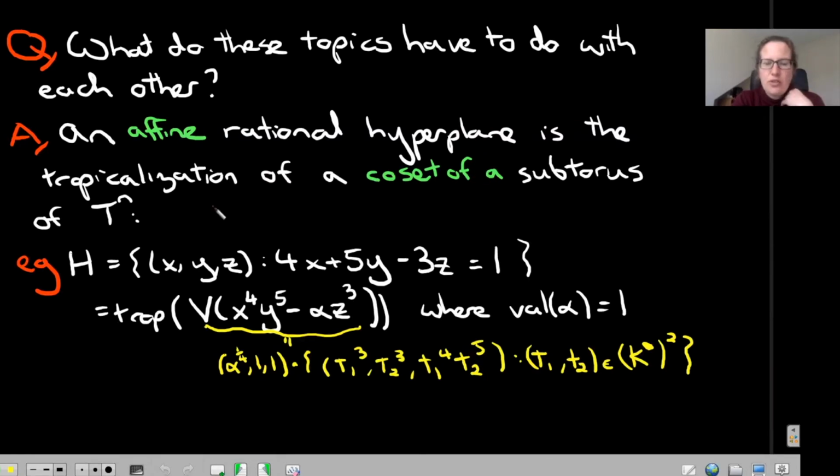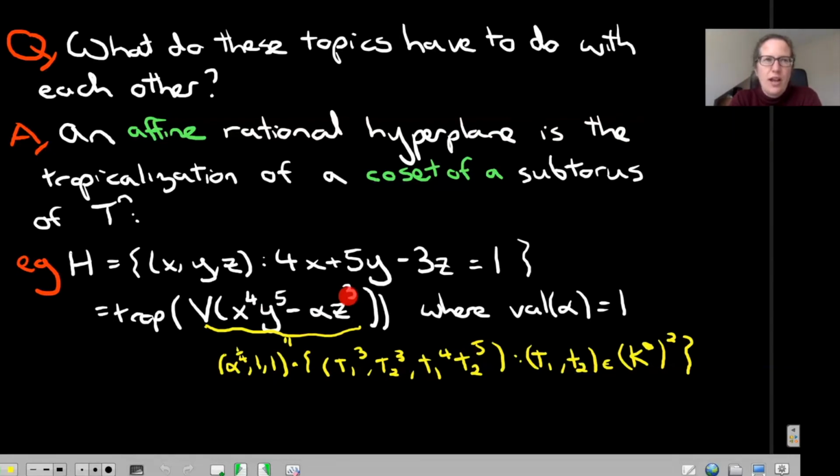So let me show this to you in an example. If I have the hyperplane 4x plus 5y minus 3z equals 1, that's the tropicalization of the coset, the variety x to the 4th, y to the 5th minus alpha z cubed, where the valuation of alpha equals 1.